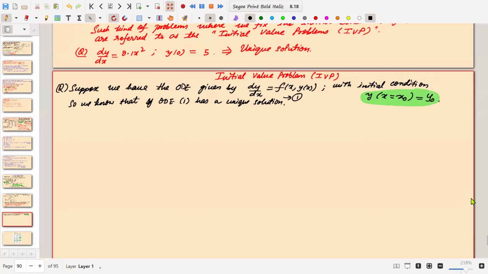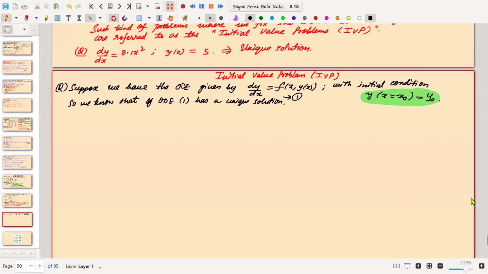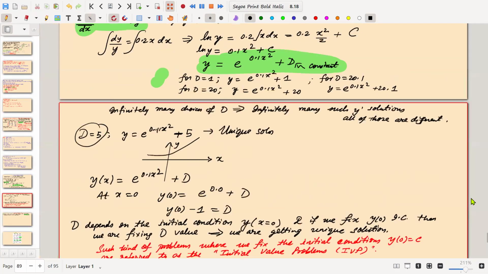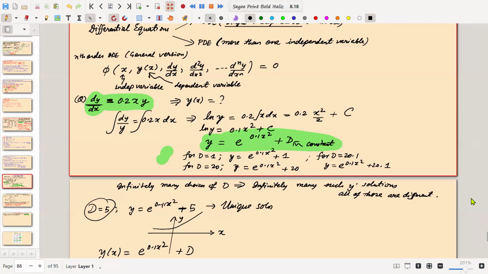So now, how can we solve this? Always what happens is, you cannot always solve an ODE. I mean, you will not always have a simple ODE like this, which you can integrate and get the solution like this. It is not always the case.